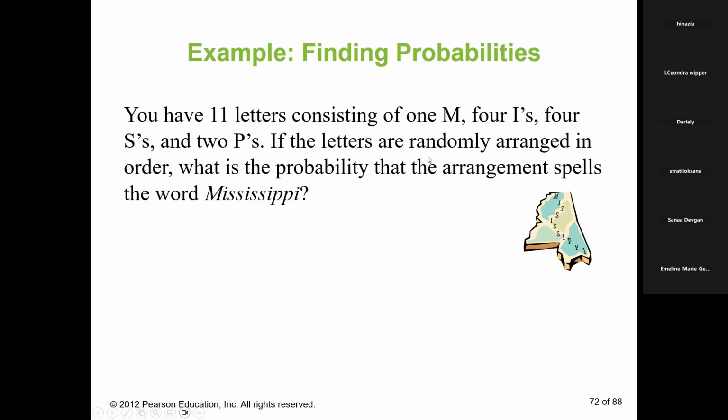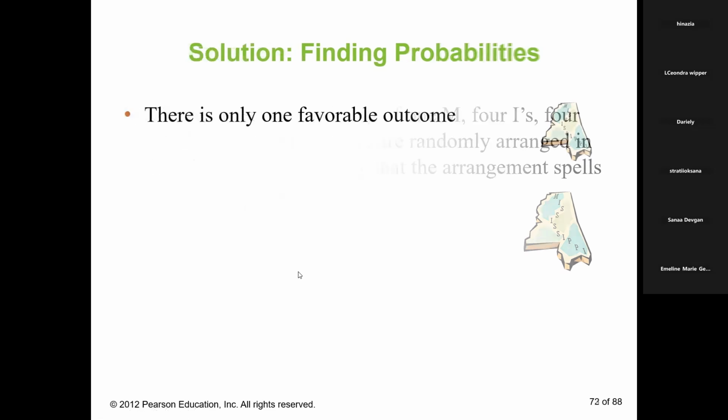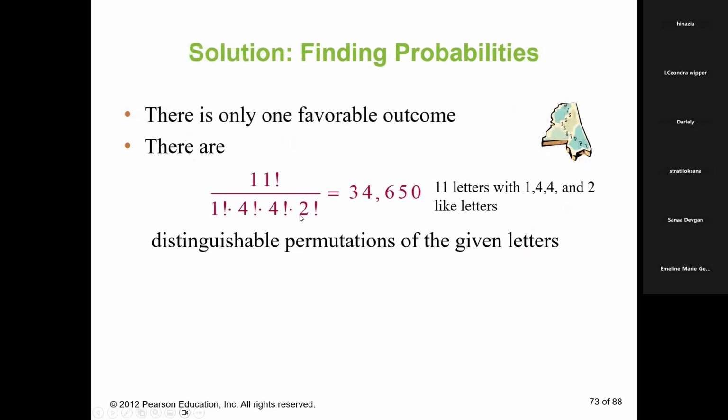If the letters are randomly arranged in order, what is the probability that the arrangement spells the word Mississippi? Okay. There's only one favorable outcome. 11 factorial over 1, 4 factorial, 4 factorial, and 2 factorial. Same thing. All right.